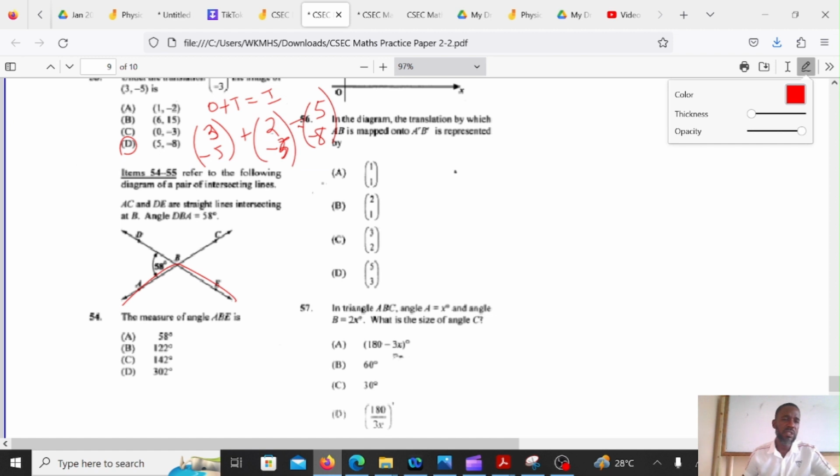So what we need to remember is that angles on a straight line add up to 180, right? So therefore, if I say 180 minus 58, we are going to get 122 degrees. So therefore, angle ABE is equal to 122 degrees.